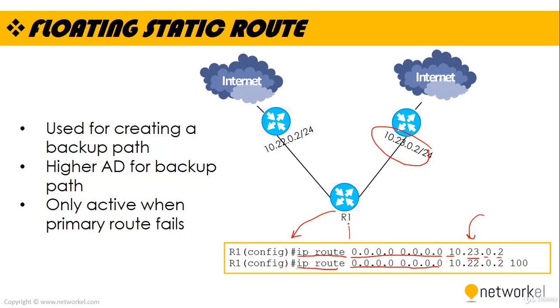So the packets coming to this router are always forwarded to here. But we have another route in here, as you can see, which is forwarding the packets to 10.22.0.2, which is here. So if the first route fails, this route will get into play and our packets will be forwarded to here.